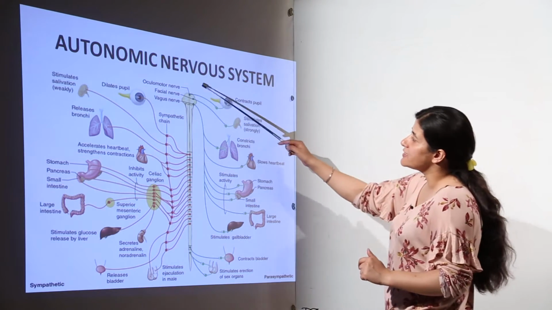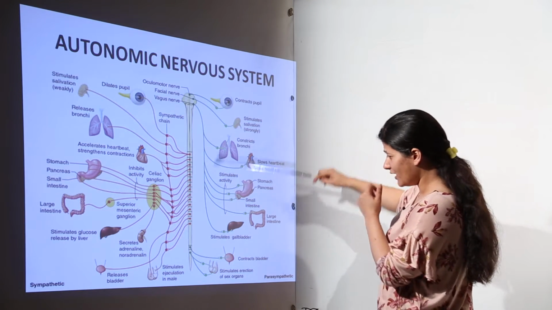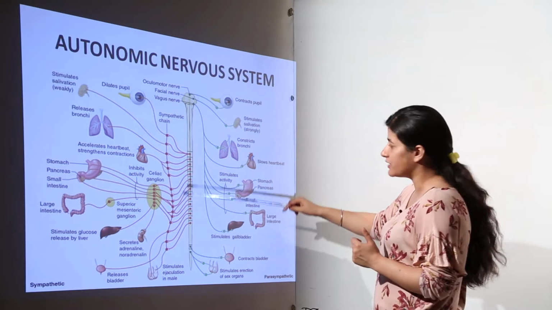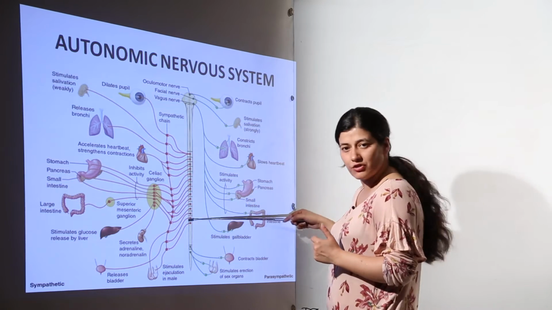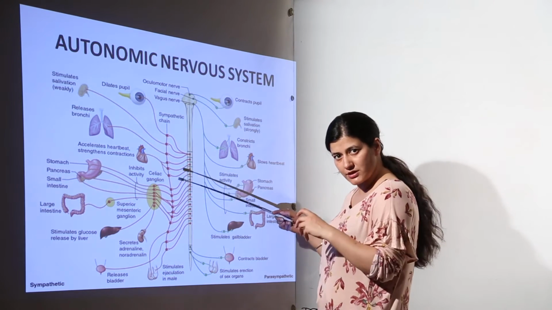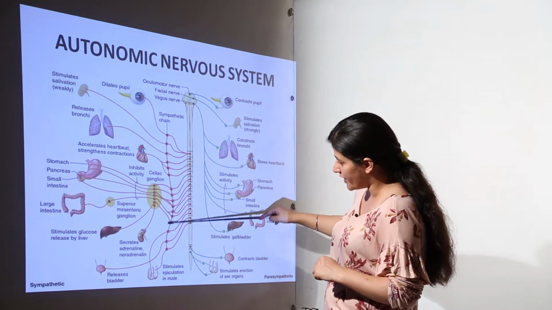Now you see, in the parasympathetic system we are going to find that there are 2 points only. One is in the brain and the other one is in the lumbar part. In the case of sympathetic, maximum of it is in the thoracic part and some of it is in the lumbar part. Now you see that the sympathetic chain is present.